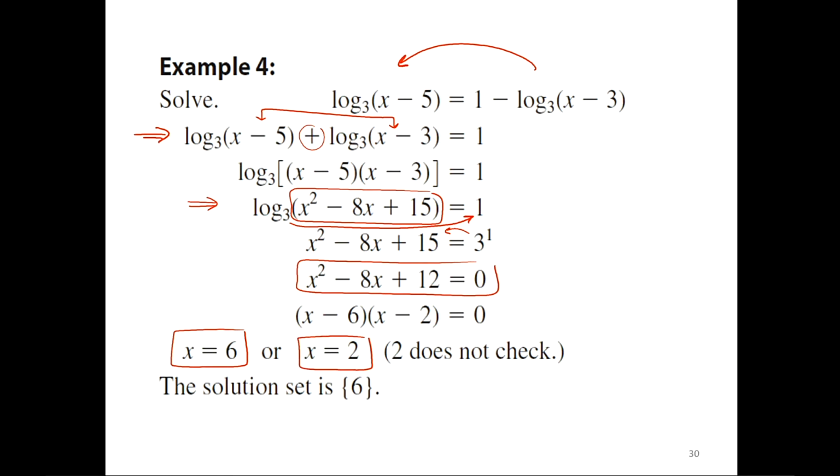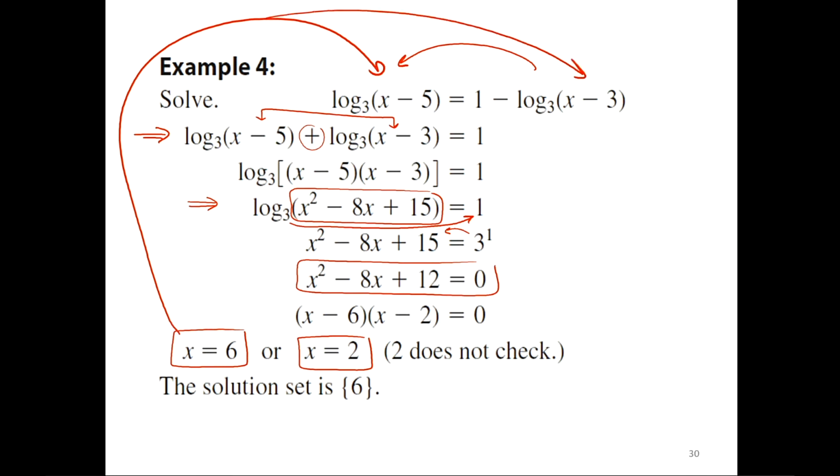A logarithm function or logarithm equation must be checked. If we check 6, this is positive, and here positive.